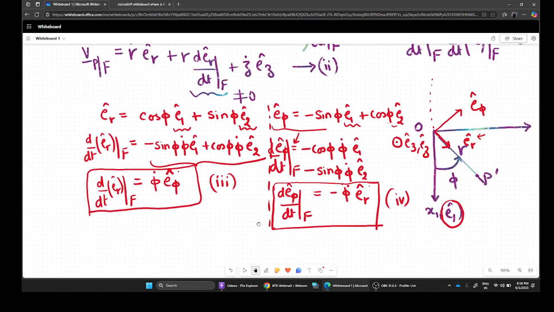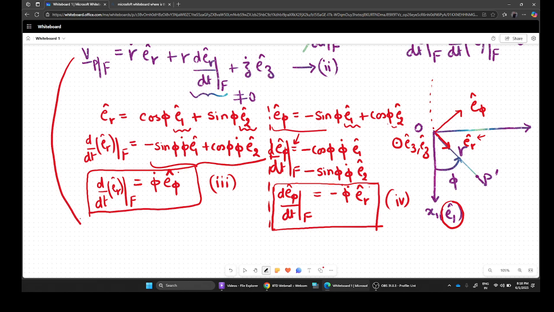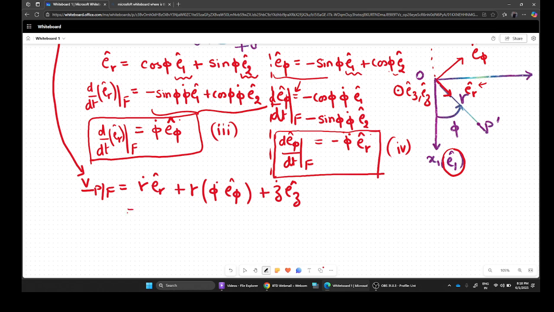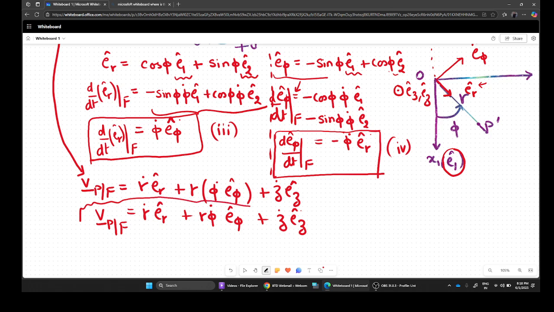Now with these expressions in hand, I go back here and express VPF in its most simple form as, this becomes, so this is the most simplified expression of the velocity of the particle p with respect to f using the cylindrical polar coordinate system.